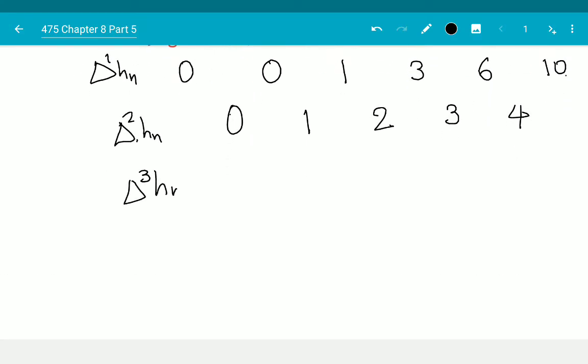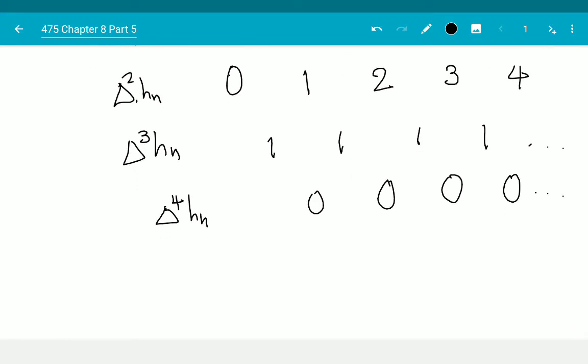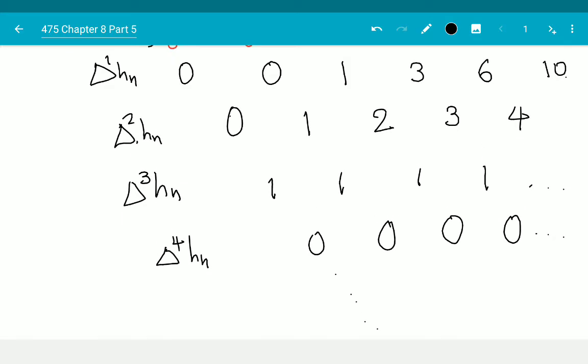Delta cube hn: 0, 1 gives you 1; 1, 2 gives you 1; 2, 3 gives you 1; 3, 4 gives you 1, and so on. Delta to the 4 hn: 0, 0, 0, 0. And now, whatever I do, this difference is constantly going to be 0 for everything afterwards, right?